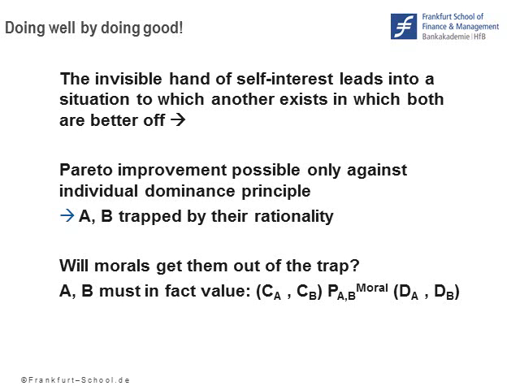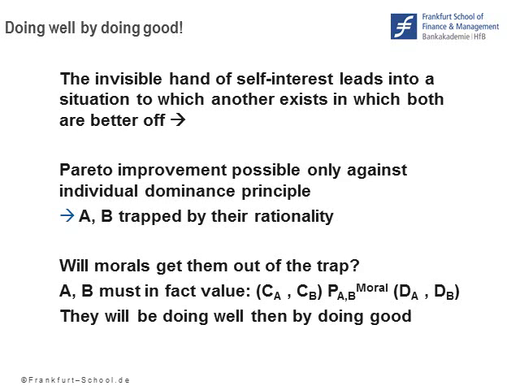That is, they must evaluate CA-CB higher than DA-DB. If the moral can do this, then they will be doing well by doing good. And here you can see that morals is good for something.